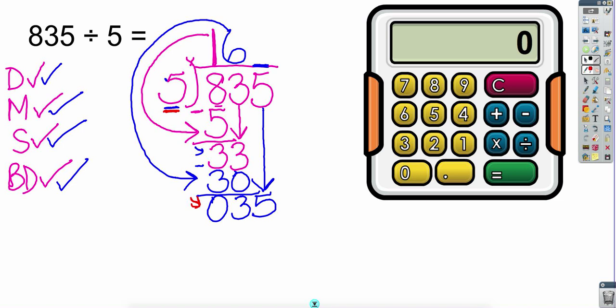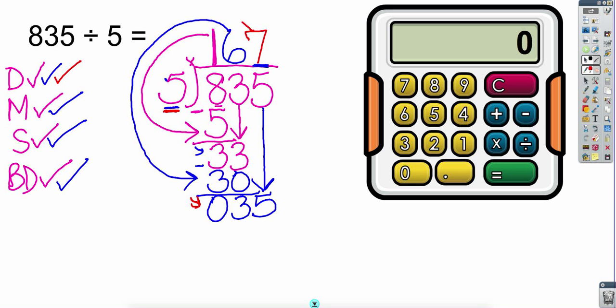And that's great. You're allowed to land on it or be equal to it, but you can't pass it. So 5 goes into 35 exactly 7 times. So when I divide, I go up high.